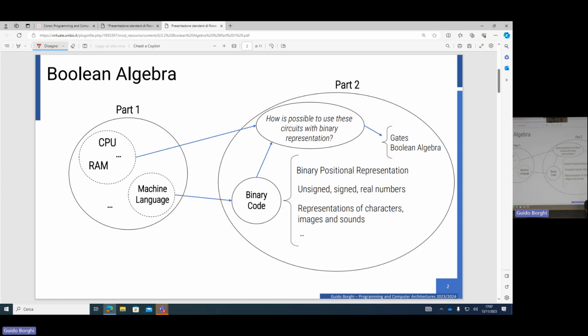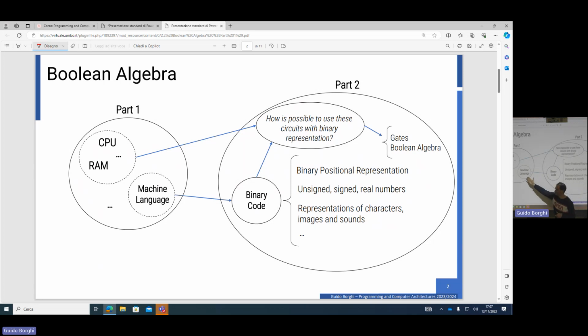And unfortunately, the machine language is a sequence of 0 and 1. And so it's hard for a human to use the machine language. And that's why we create the multi-level machine in which in each level we have a different and also a higher level language to use to communicate with our computers, okay?